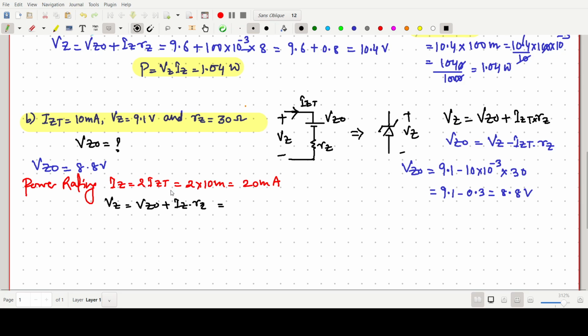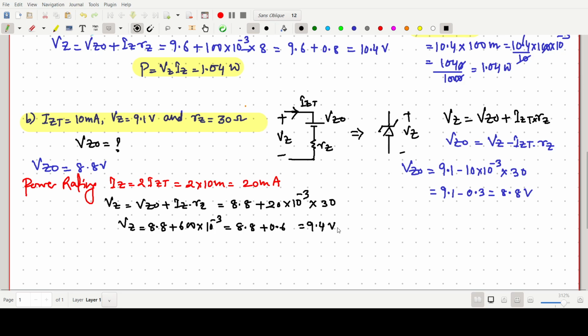VZ naught is 8.8, IZ is 20 into 10 to the power minus 3, and RZ is 30. So VZ is 8.8 plus 600 into 10 to the power minus 3, means 0.6, that is 9.4 volt.